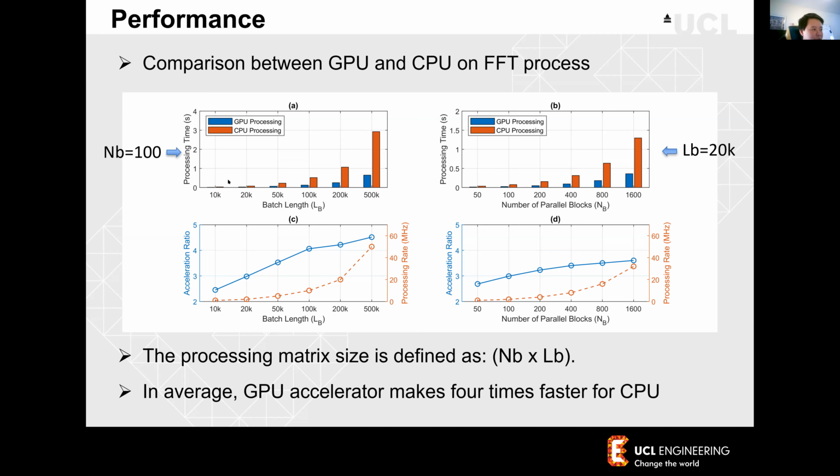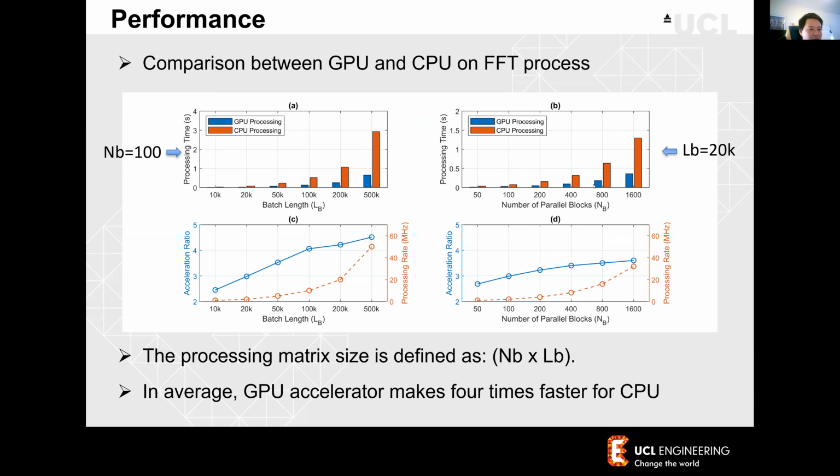As you can see, the GPU processing shows much better performance compared to the CPU processing, especially when the batch length increases. And here is the acceleration ratio. It starts from about 2.5 times faster until 4.5 times faster when the batch length gets really long.